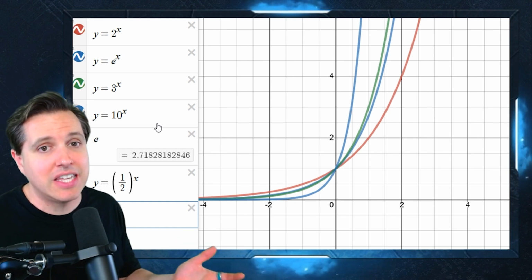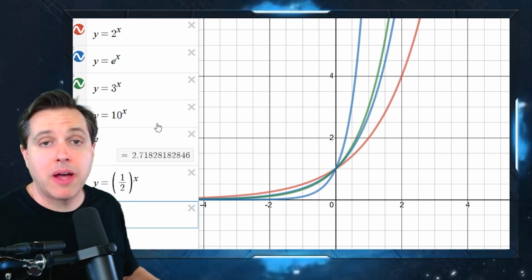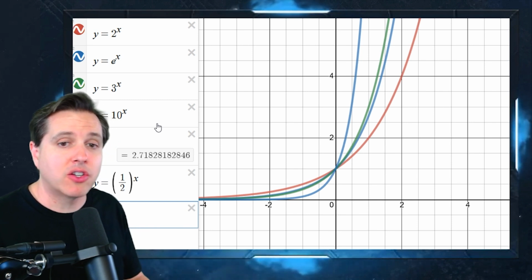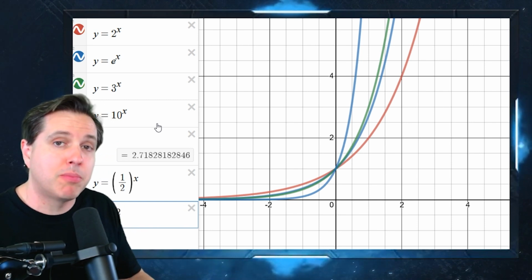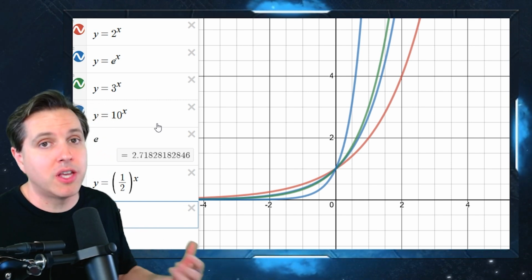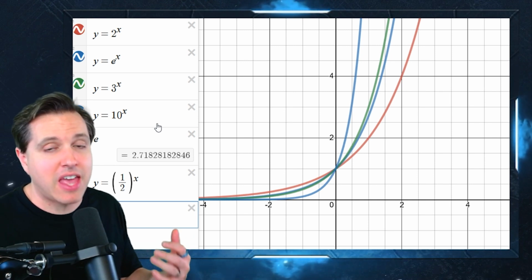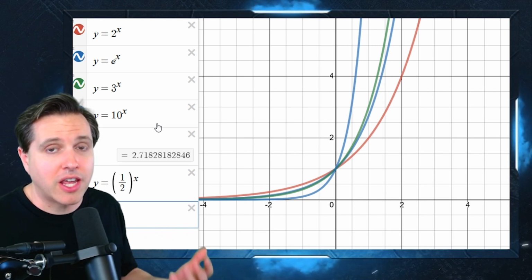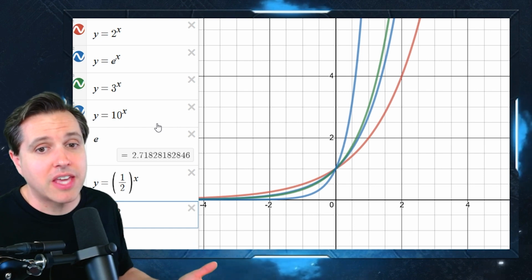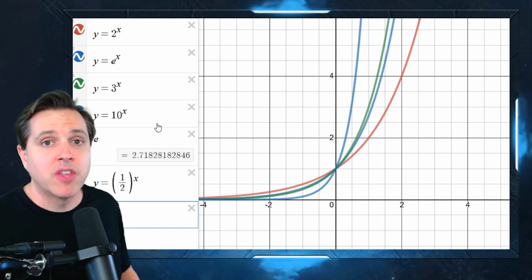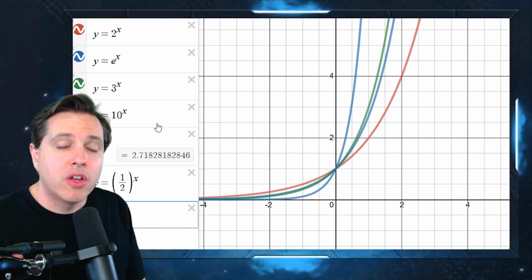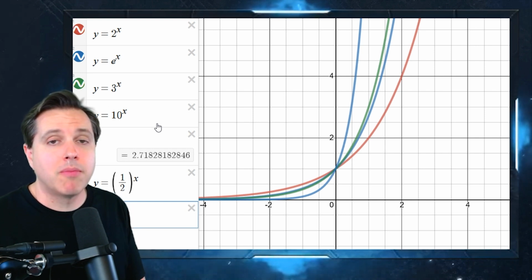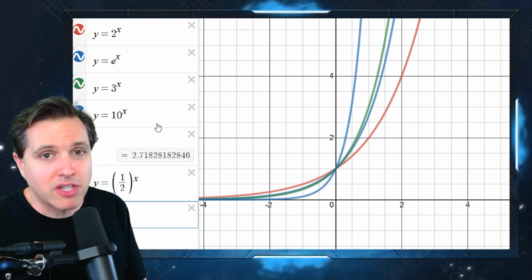So you're going to see these, and that's why they have their own buttons. And then correspondingly, when we get to logarithms, those same bases, but in logarithms, are really important too. And that's why, again, they have their own buttons generally on a graphing calculator or a scientific calculator, because they come up a lot. There are a few other bases that come up frequently in exponentials, but it's in specific areas.